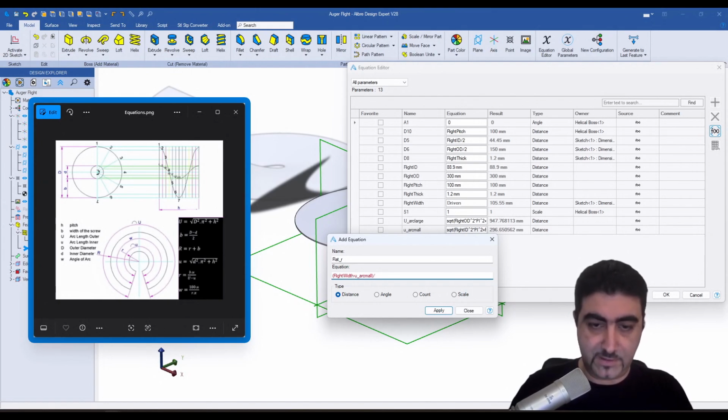Now we divide all of this by the difference in the arc lengths. All right, arc large minus u arc small.